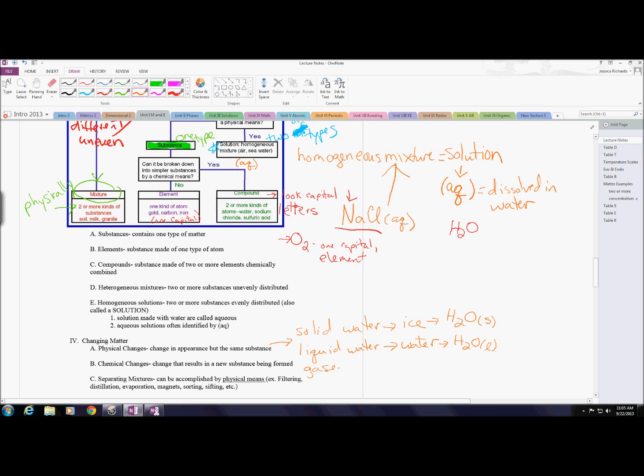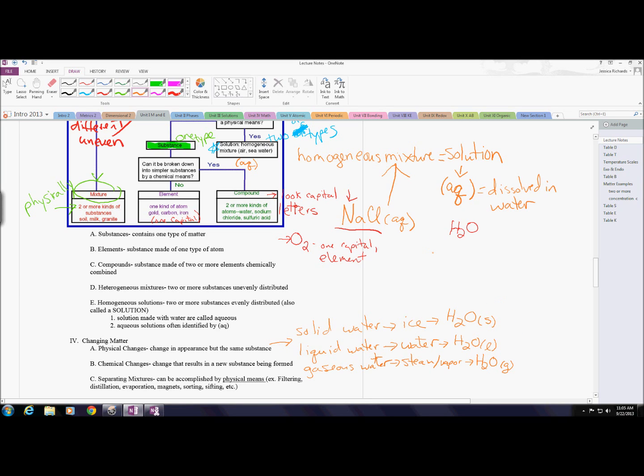Gaseous water, we typically in English call it steam or vapor. We talk about the water vapor in the air a lot. And when you write its formula, it's H2O with a G for the gas phase. So again, it's the same stuff. Solid water, liquid water, gaseous water, same stuff.